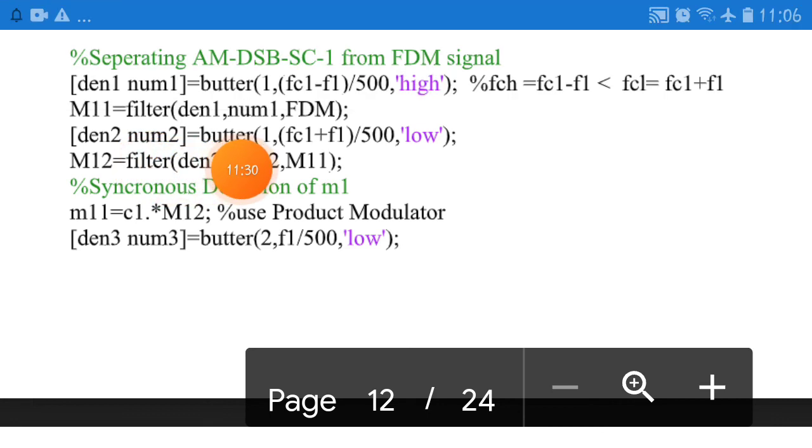Again you are calling the butter function for the low pass filter, and again the filter function. The final output M12 is nothing but the demodulated signal of DSBSC1.